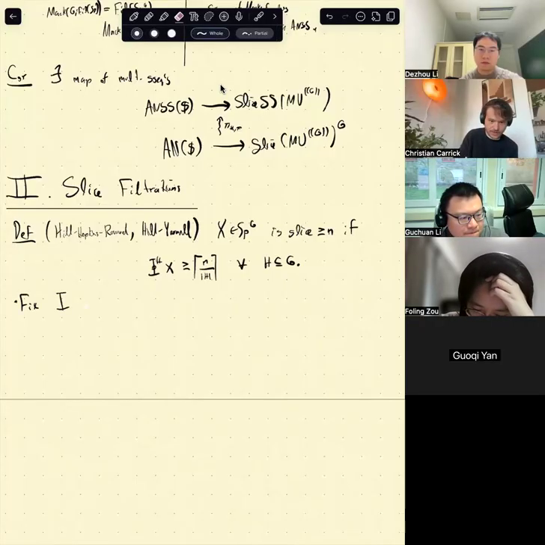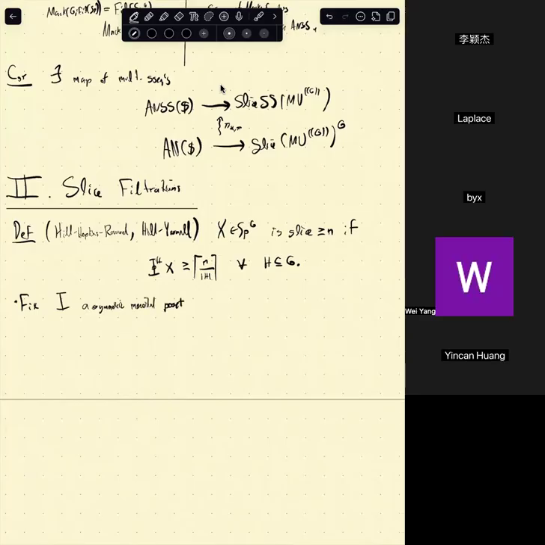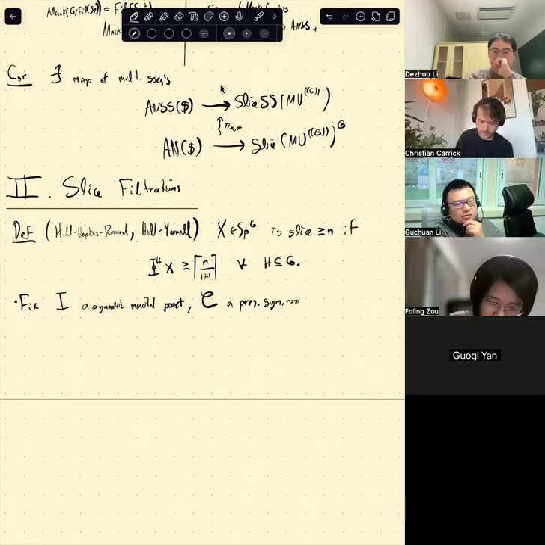So let's fix I a symmetric monoidal poset. So I mean a poset in the usual sense with a symmetric monoidal structure as a category. And then C is a presentably symmetric monoidal infinity category.